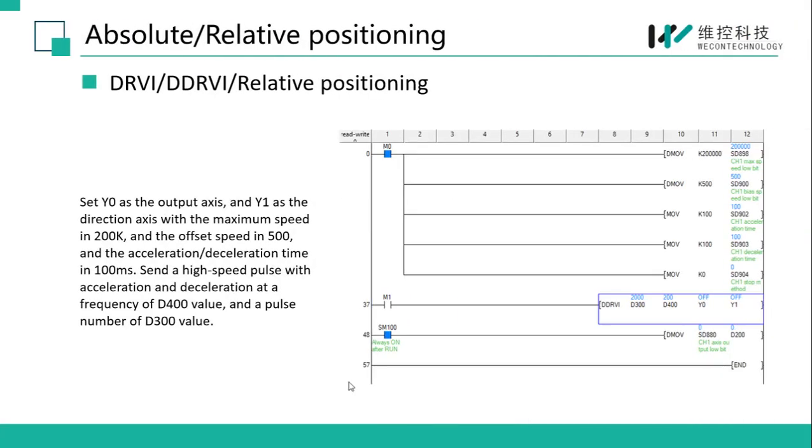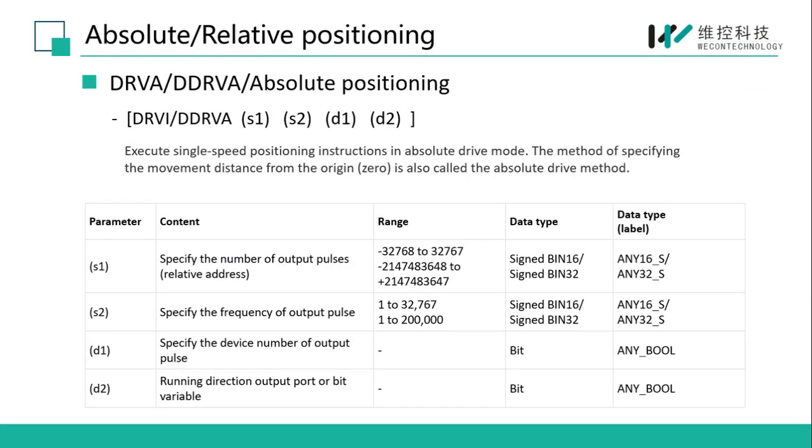There is also an instruction for absolute positioning, DDRVA. Actually, the parameters are the same, but the movement distance is measured from the origin. The origin is 0, so it's called the absolute drive method.